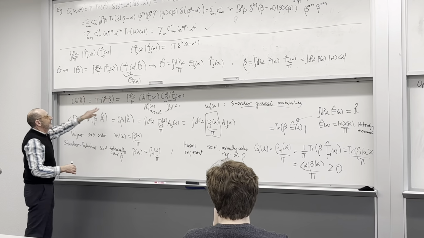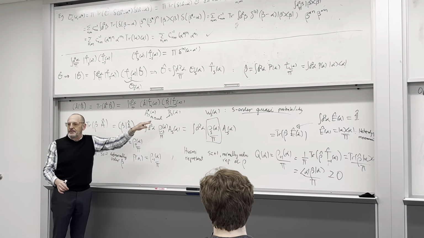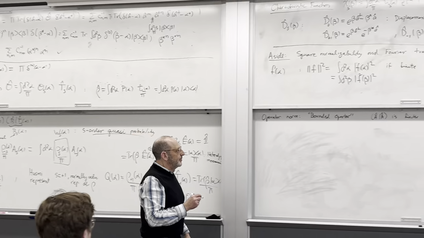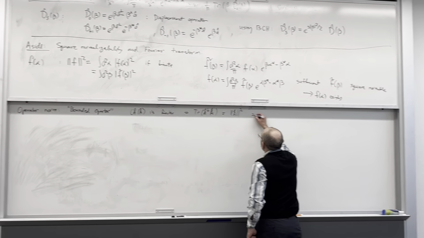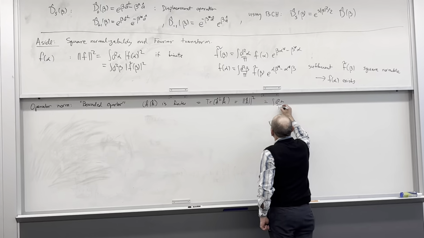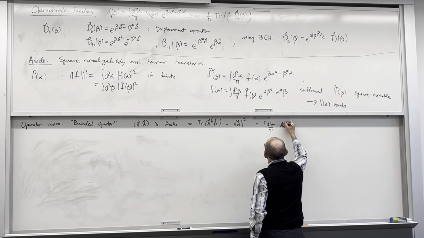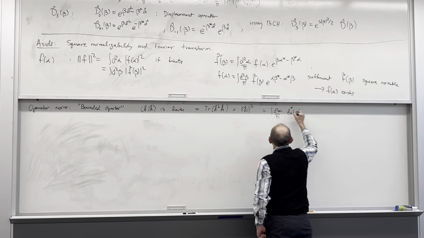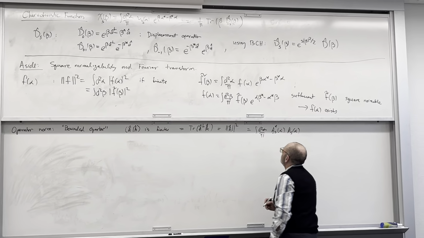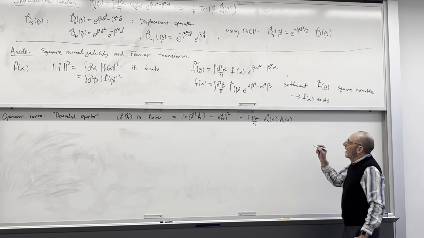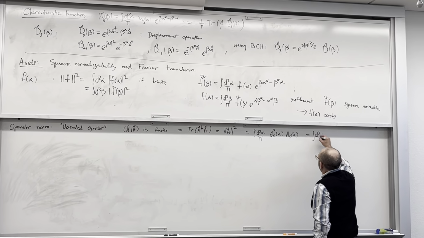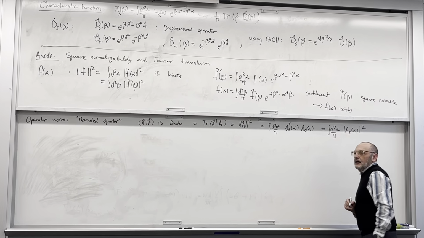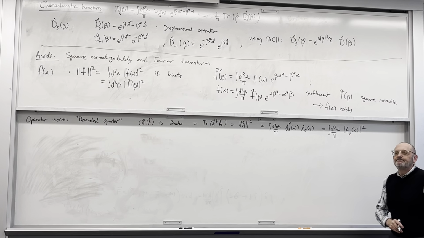the trace inner product is related to the product of those two functions, right? So this trace inner product can be expressed as this, and for s equals 0, it's the square of that, right?